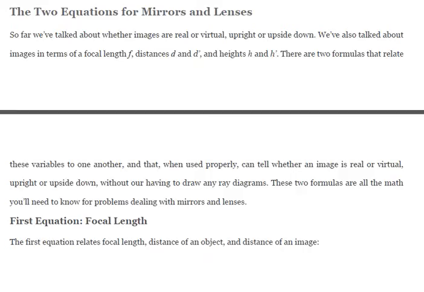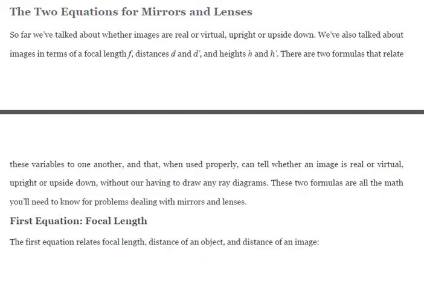So far in our discussion of ray diagrams for both types of spherical mirrors, we've talked about whether images wind up being real or virtual, whether they're upright or upside down. We even got a little bit of an intro into whether they're magnified or reduced, based on how your image arrow is oriented and sized and positioned compared to the object arrow that we had drawn.